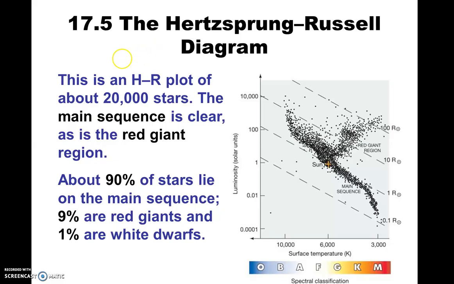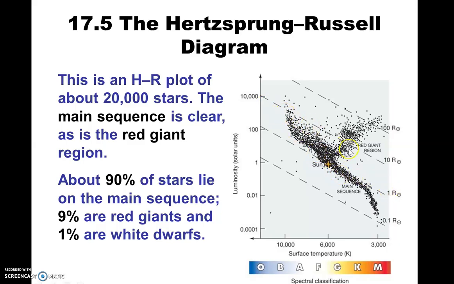So this is the next 20,000 stars, and notice you start to see the main sequence, right? This area here is called the main sequence. It's not exactly a straight line, but notice again we see these lines which show everything that is the exact size of the sun.